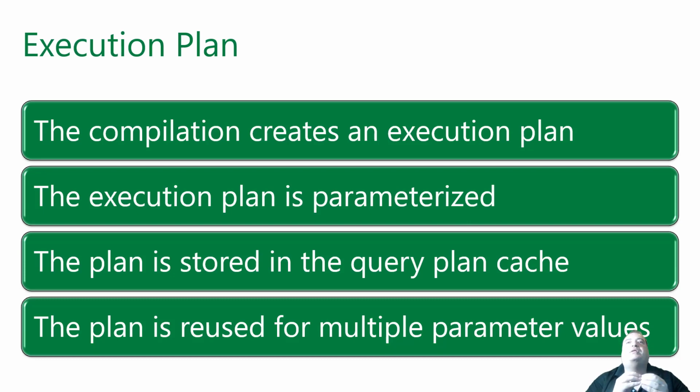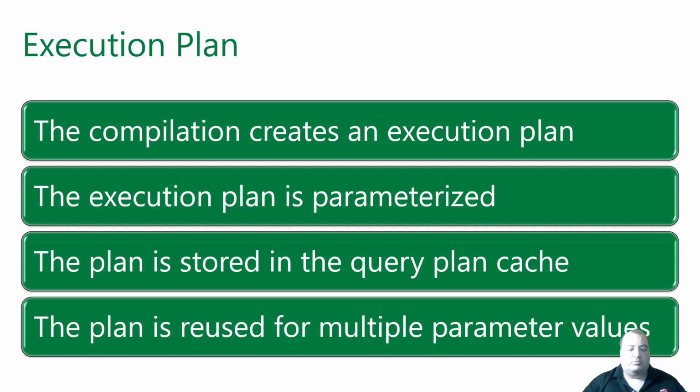In this way, we will spend less memory on the server in relation to the query plan cache. We will be able to store more different plans in the query plan cache, and we will not spend processor time compiling the query. The compilation process spends processor time, and that's not good.